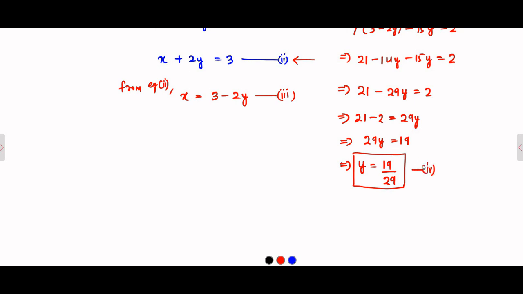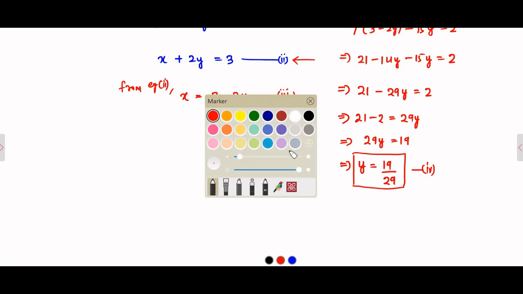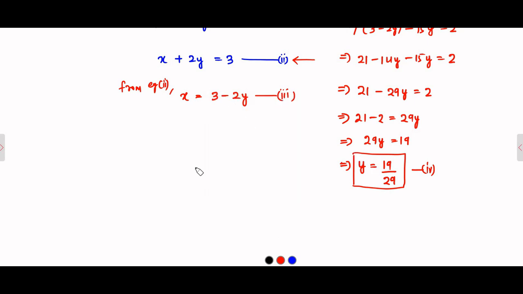So y is equal to 19 by 29. Now we will put this in equation 3 to get the value of x, that is x is equal to 3 minus 2 into 19 by 29, which is equal to 3 minus 38 by 29.